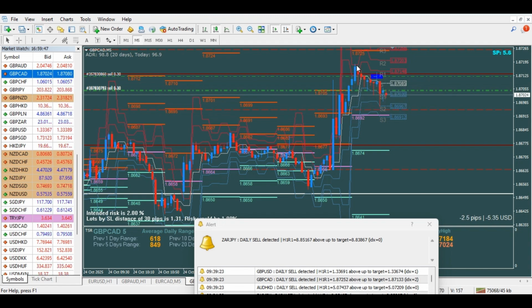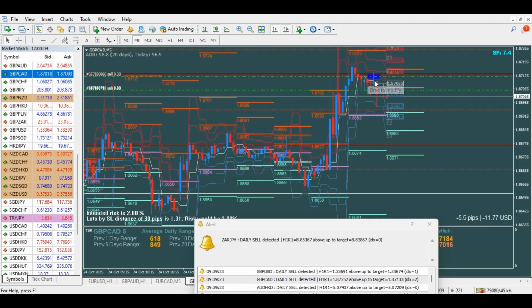Now we're looking for price to fail to reach the H1R1, and that's called the failure phase. And the failure phase is complete when we have a descending M15 pivot. Average prices are descending because the middle pivot represents the average price.